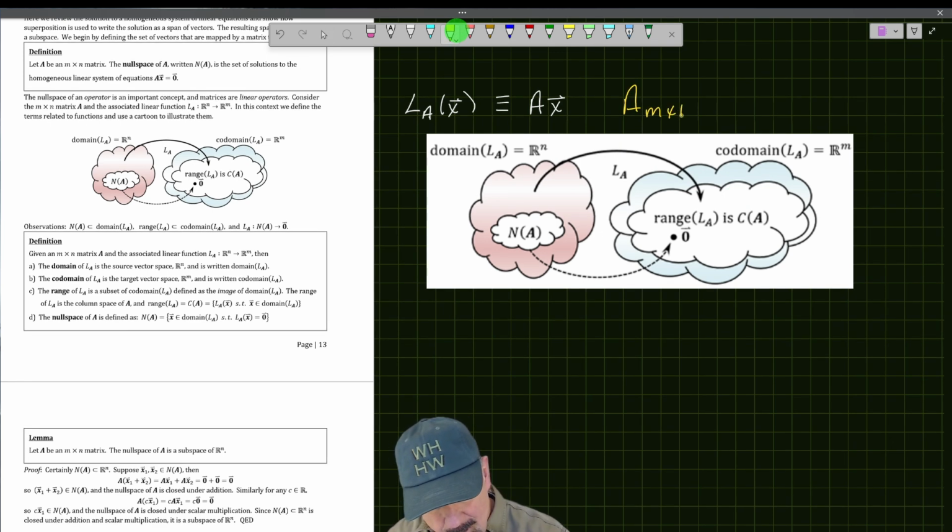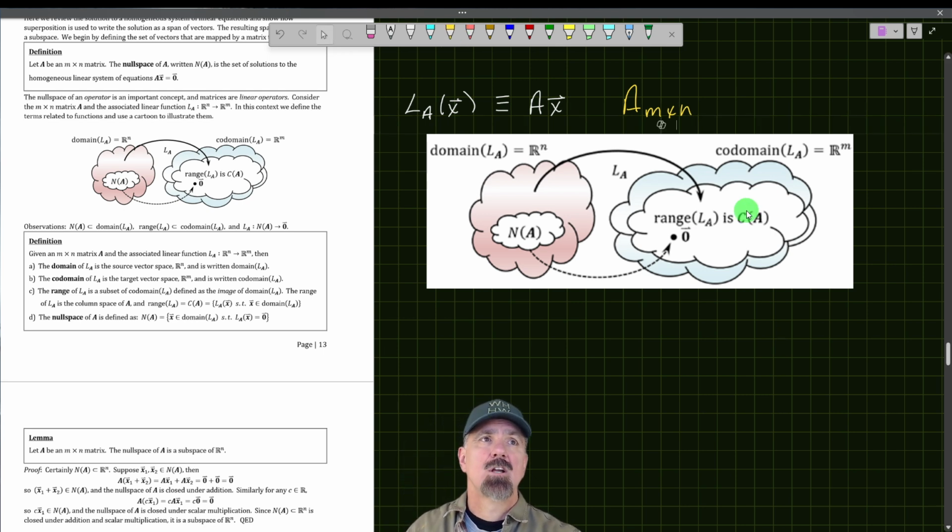So let's write that down. We're thinking of A as m by n. And then the range is the column space. The column space of A, the linear combinations of the columns of A, that's the range of the function. The null space is the set of the domain which maps to the 0 vector. That's the definition of null space.